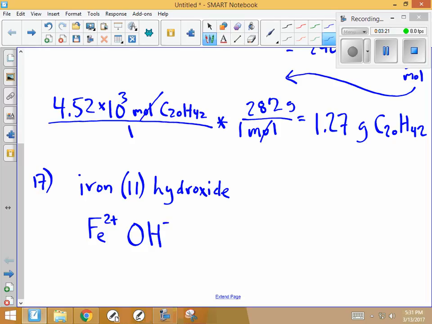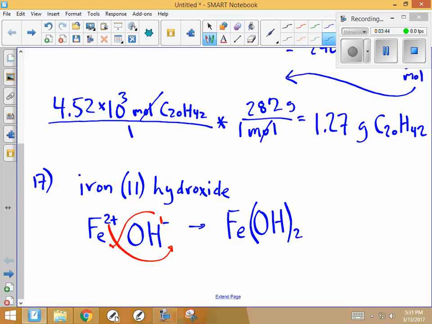So how do we get this to balance? We take this 2 and put it here, and we take this invisible 1 and put it there, and we end up with the compound with correct subscripts.